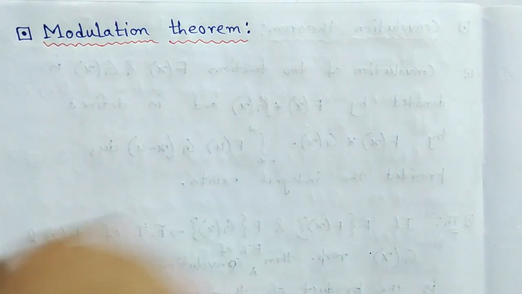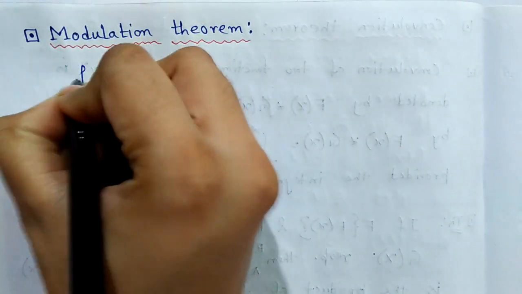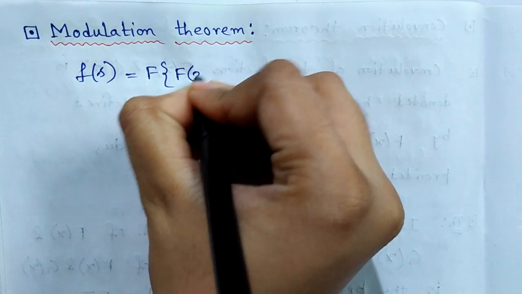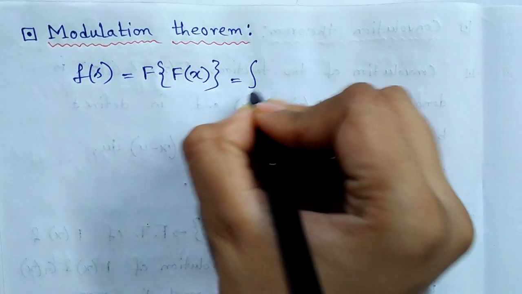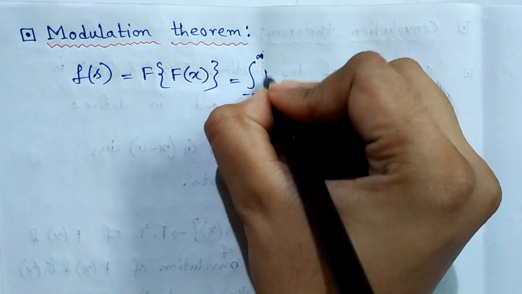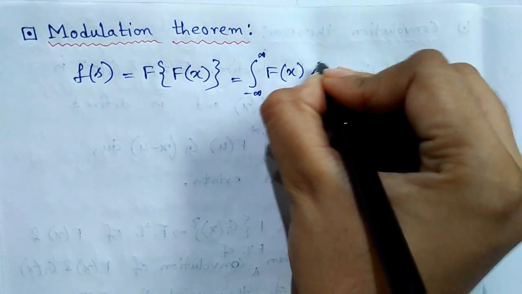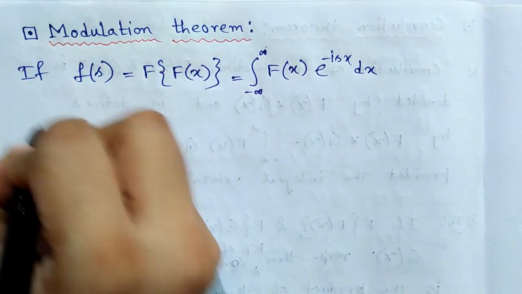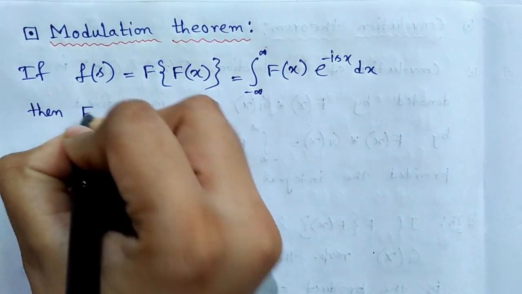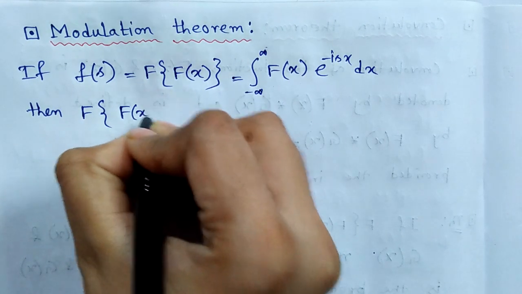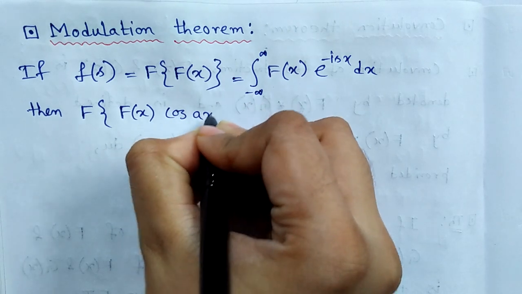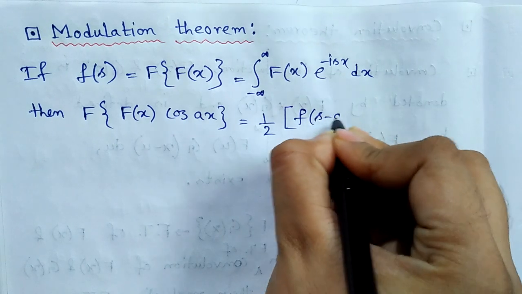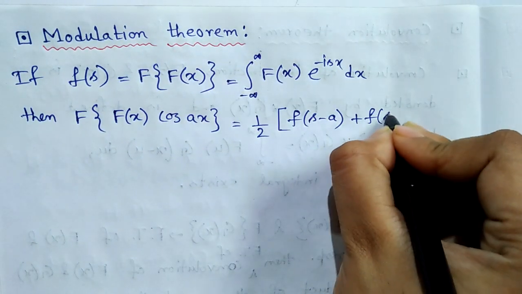Now modulation theorem states that if F(s) is the Fourier transform of the function f(x), that is integration minus infinity to infinity f(x) e to the power minus isx dx, then the Fourier transform of f(x) cos ax will be half of F(s minus a) plus F(s plus a).